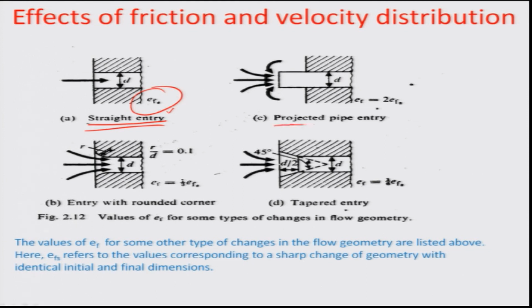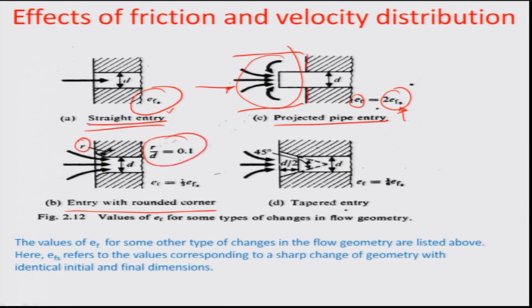For a projected pipe entry, as you can see here, where this pipe comes out from the entrance into the mold, maybe the pouring basin is right about here and the flow is happening in this direction, the EF that is recorded is twice the value of the EF observed from the change in the area ratio as in the last figure. For the case where it is entry with rounded corners and there is some kind of a radius effect involved here, r by d is typically 0.1.